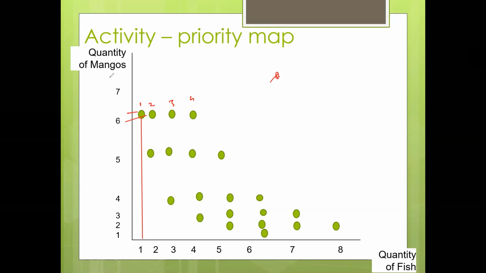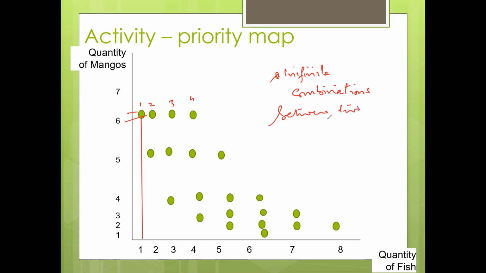You should remember that since you can pick any weight of fish and any number of mangoes, you can have infinite combinations between two goods. But I'm showing a few combinations so that you can see.